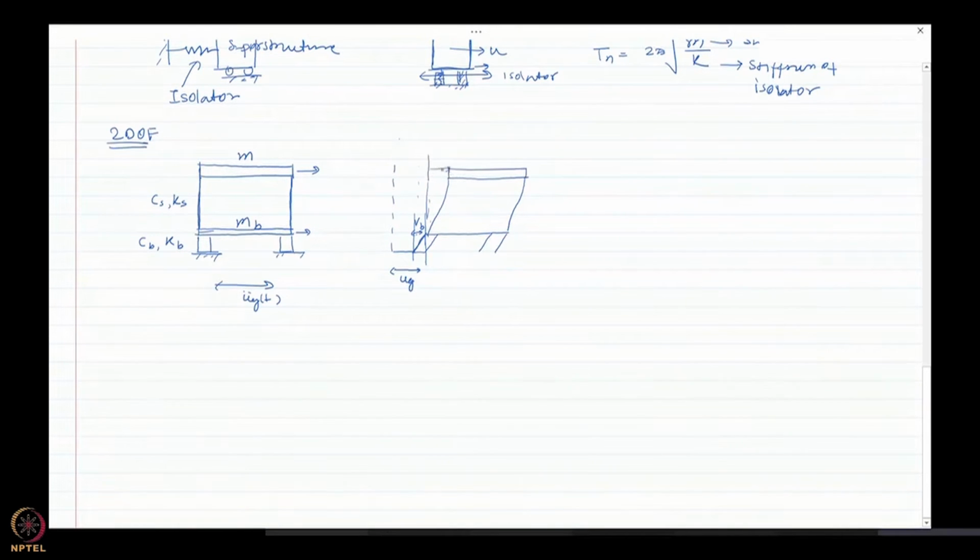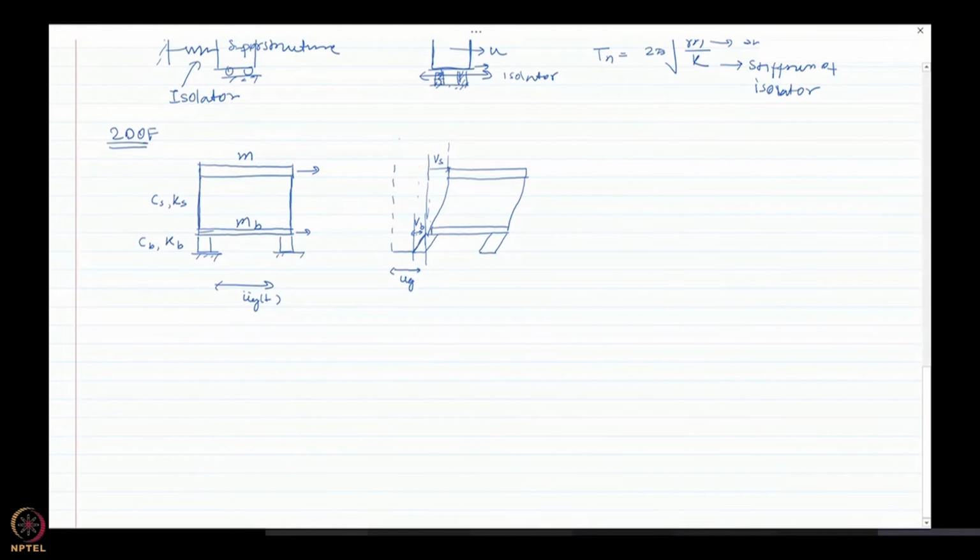And this relative deformation, let us say Vs. Don't go by the scale because Vb would typically be much higher than Vs, but just for the sake of drawing, I have drawn it like this. So Vb is the relative deformation at the isolation layer with respect to UG or with respect to ground, and Vs is with respect to the isolation layer. I hope there is no confusion here.